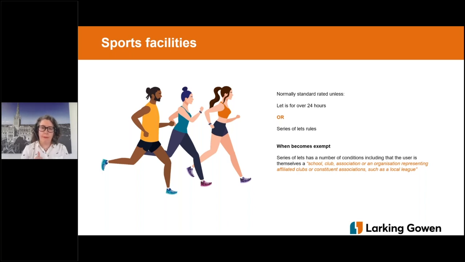So the rule of thumb here is that if you are hiring out your sports facilities for less than a continuous 24 hours to a business, then it's going to be standard rated. So that would catch, say, a local business who hires out your swimming pool in order to deliver lessons that generate them income.